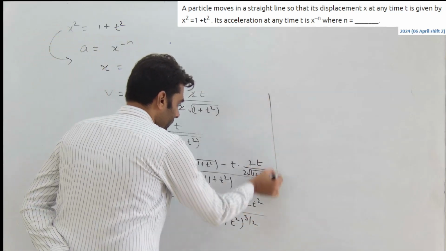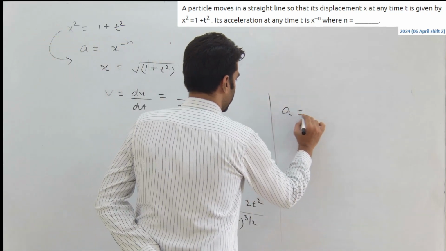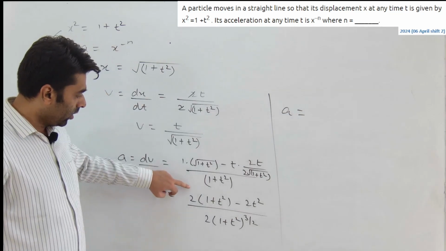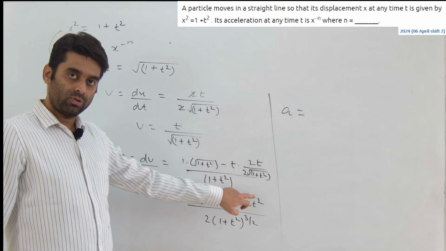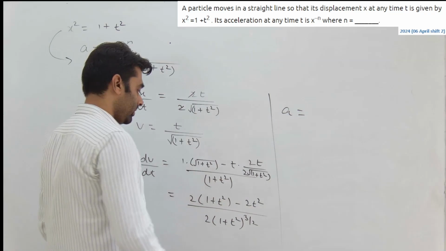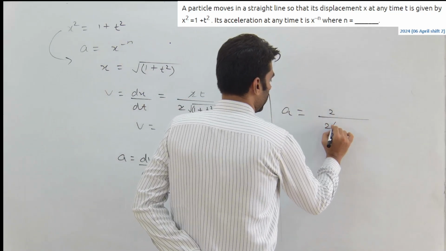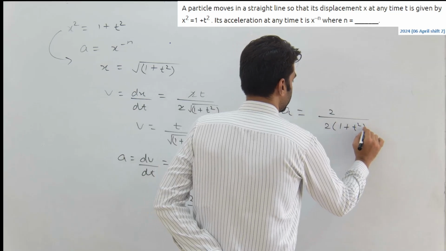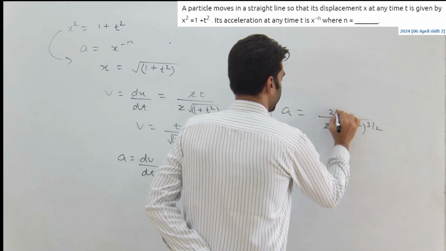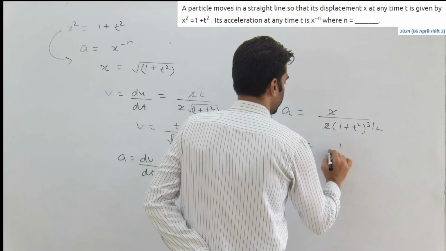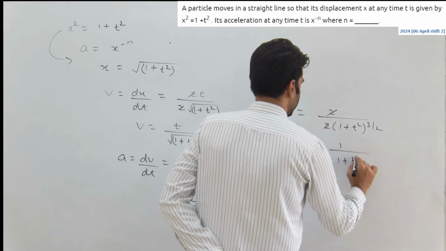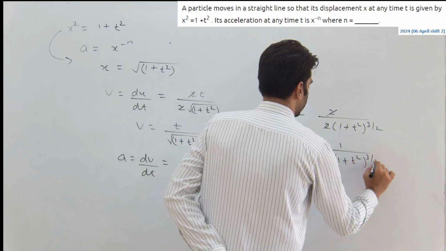Fine. So a value comes out. Finally, when we simplify, this is 2 plus 2t square minus 2t square. 2t square cancels out. We only have 2 by 2 times (1 plus t square) whole power 3 by 2. So a comes out to be 1 by (1 plus t square) whole power 3 by 2.